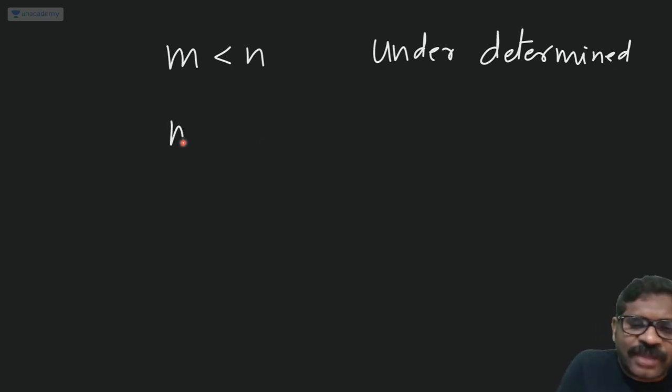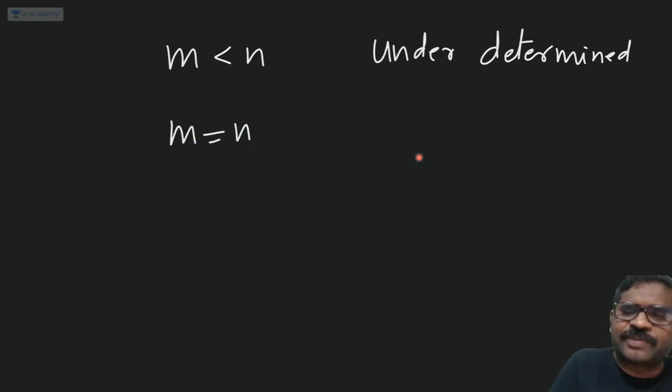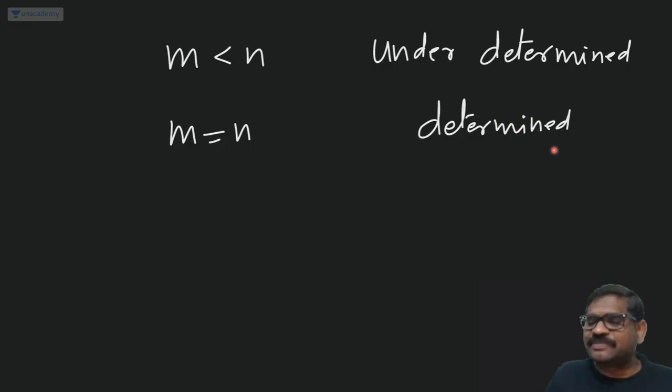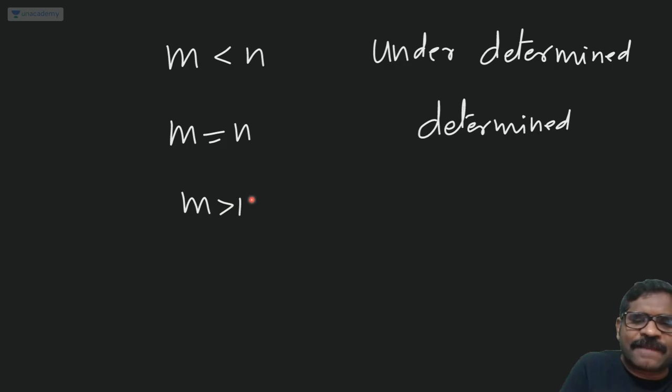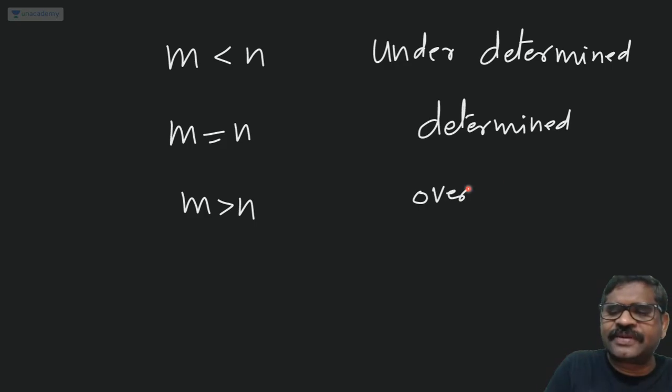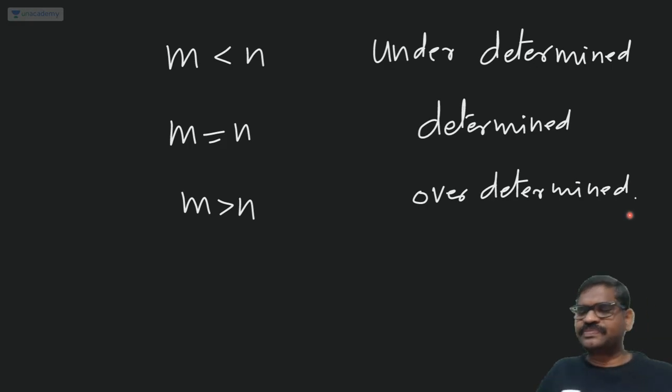Suppose the number of equations and the number of variables are equal, then determined system. Suppose m greater than n, the number of equations is more than the number of variables, then overdetermined system.